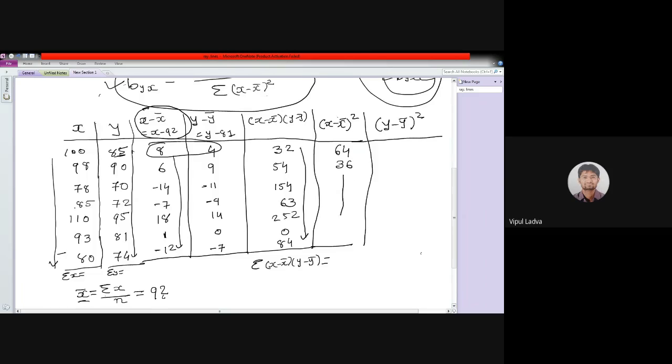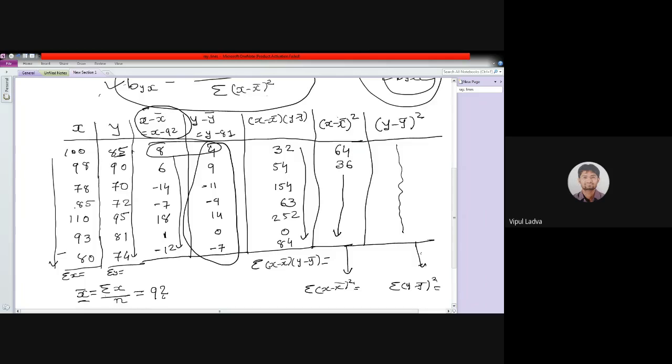Similarly, the square of all these values will be there, and the summation of this particular series will be labeled as the summation of x minus x bar the square, and the summation of this particular series will give us the summation of y minus y bar the square.